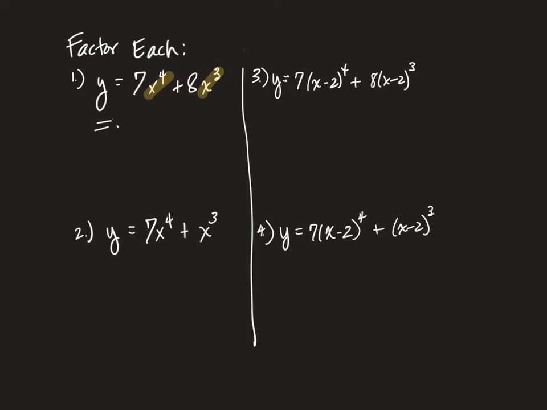If we think about it as the reverse of the distributive property, I want to know x cubed times what will give me 7x to the fourth, plus x cubed times what will give me 8x cubed. Thinking about it that way, x cubed times 7x will give me 7x to the fourth, and x cubed times 8 will give me 8x cubed.